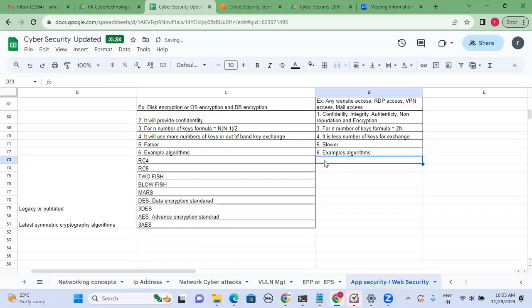We have RSA, Rivest, Shamir, and Adleman. That is the first algorithm. Second algorithm is DSA, Digital Signature Algorithm.